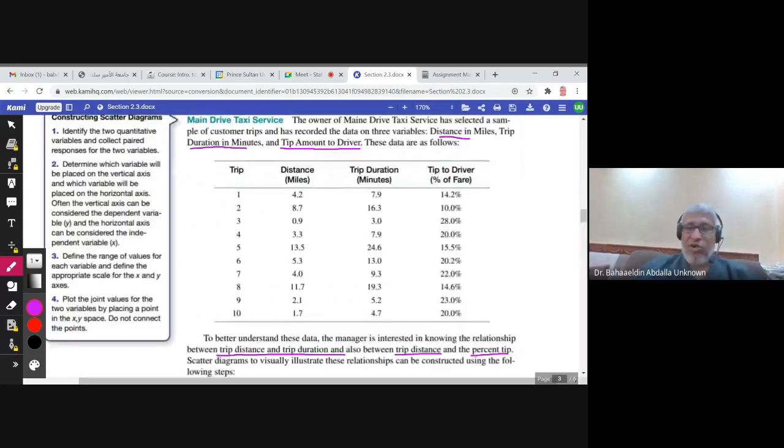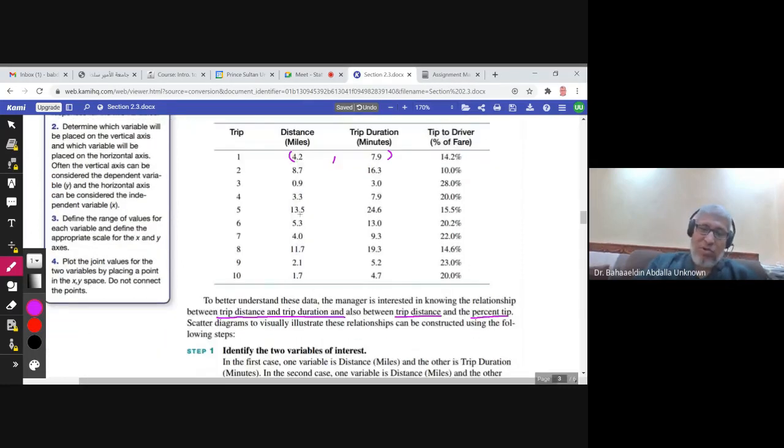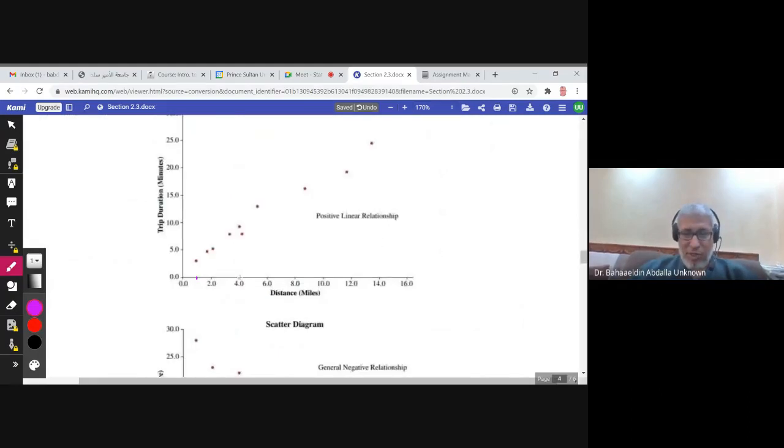What is the first ordered pair? The first ordered pair is 4.2 and 7.9. X is 4.2, which would be about here, and I go up to 7.9. So it's almost this point.